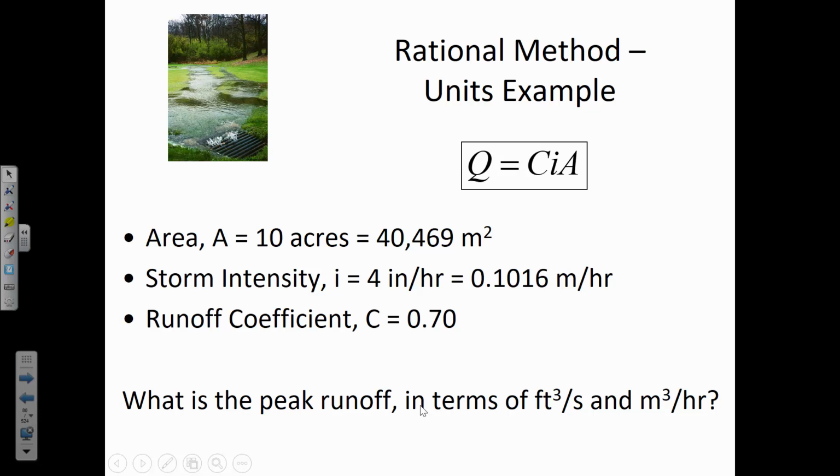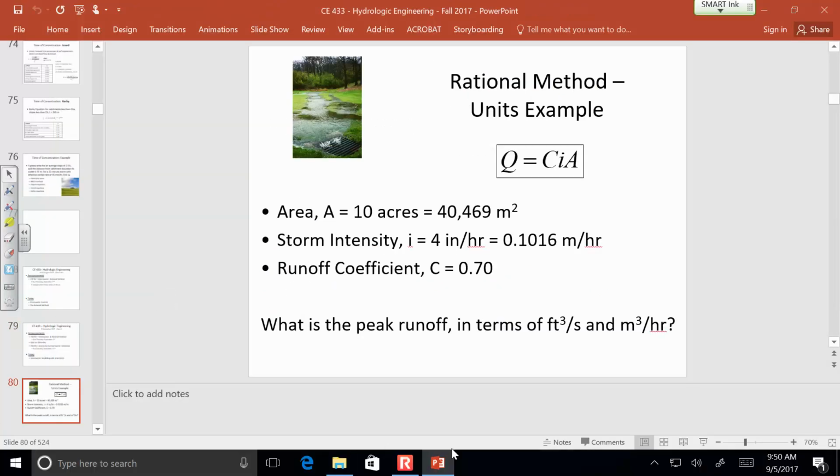So the peak runoff during some storm will be this coefficient, which is the fraction of runoff to total precipitation, I, the intensity of the rainfall, and then the area. All right, let me pause this recording and give you a few moments to calculate the Q peak in traditional units and also in SI.